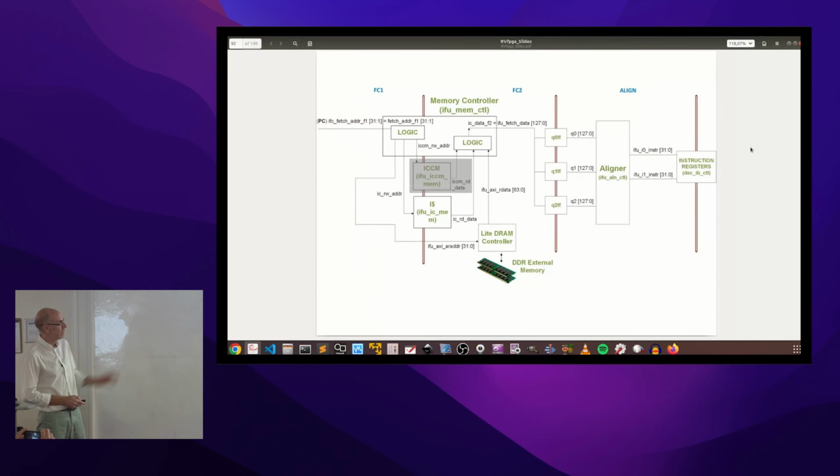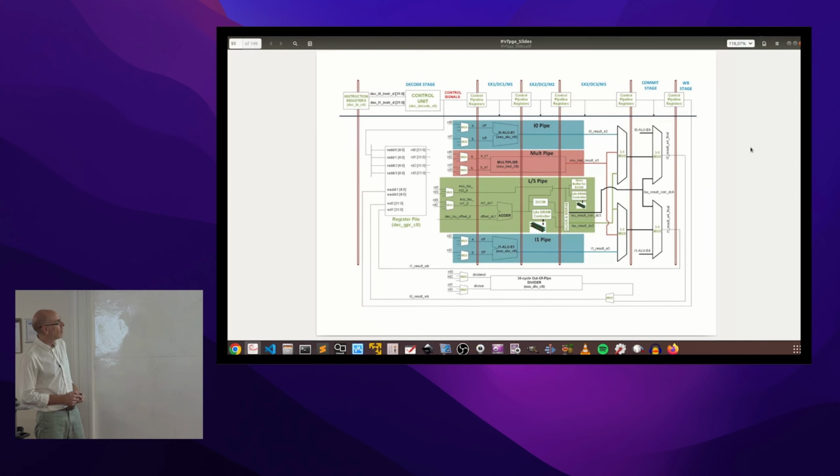We divide them in two parts. First figure for the three initial stages, the two fetch stages and the align stage, and then one figure for the remaining 6 stages from the decode stage to the write back stage.